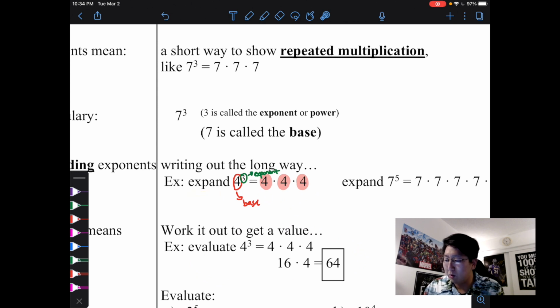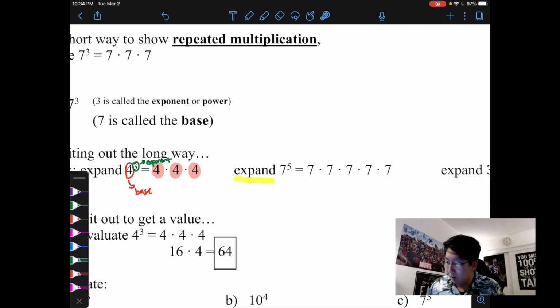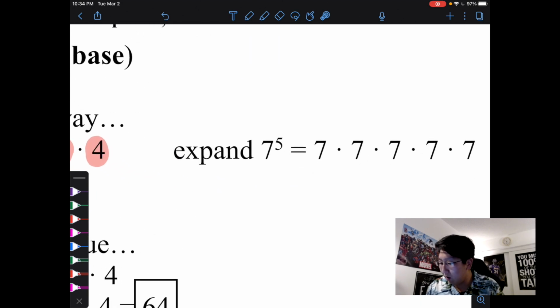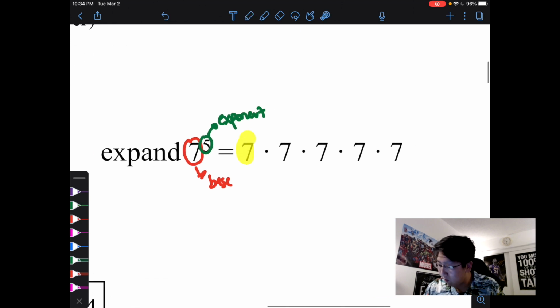The word expand means to take something and pull it out to the longest form. So if I say expand 7 to the fifth power, we're going to take our base 7 and multiply it by itself 5 times.